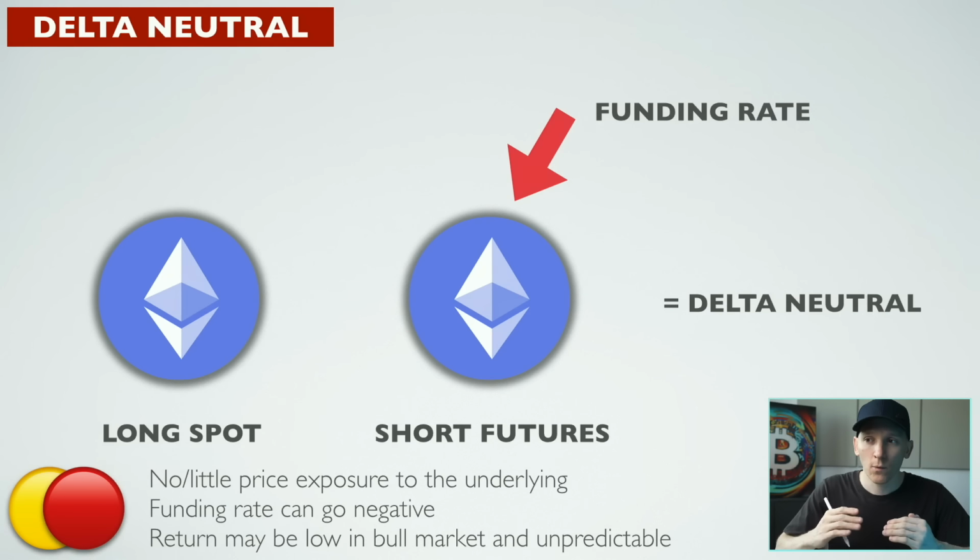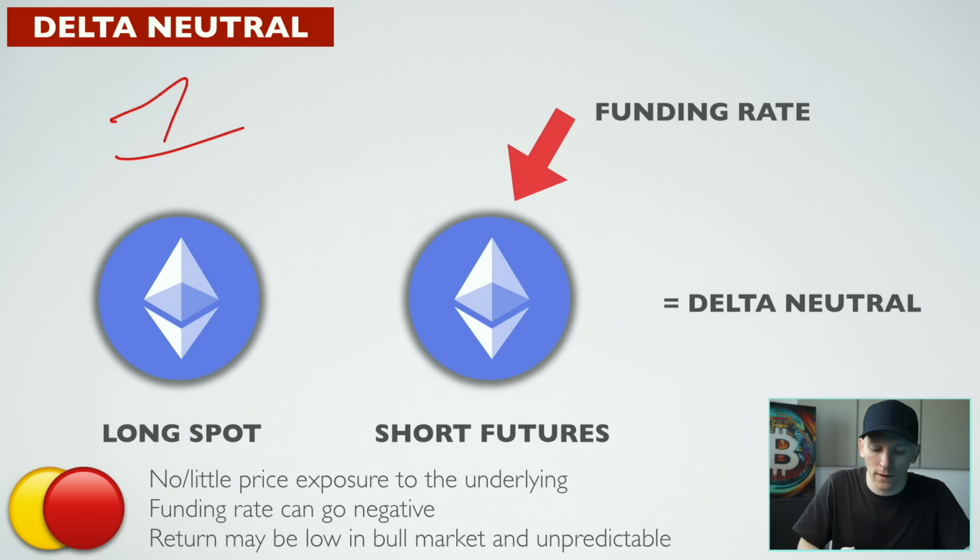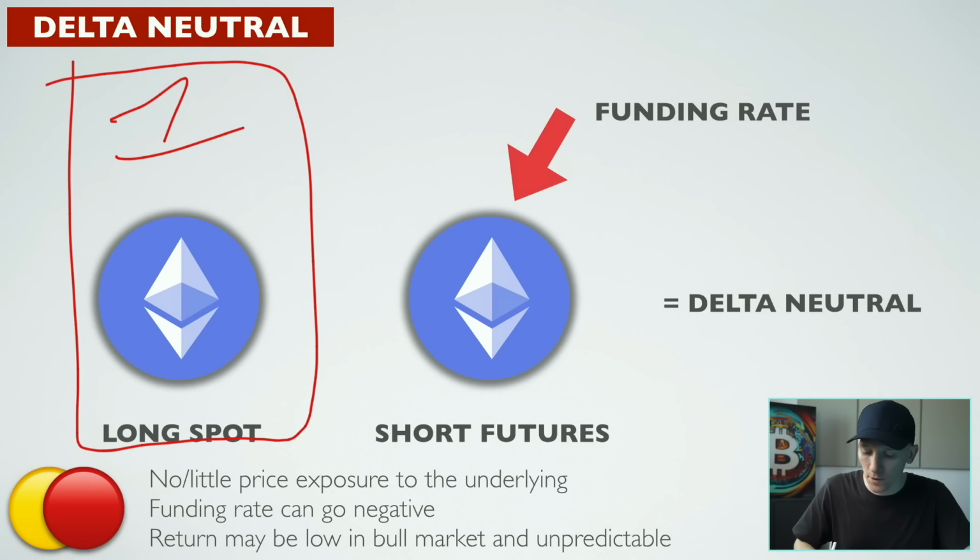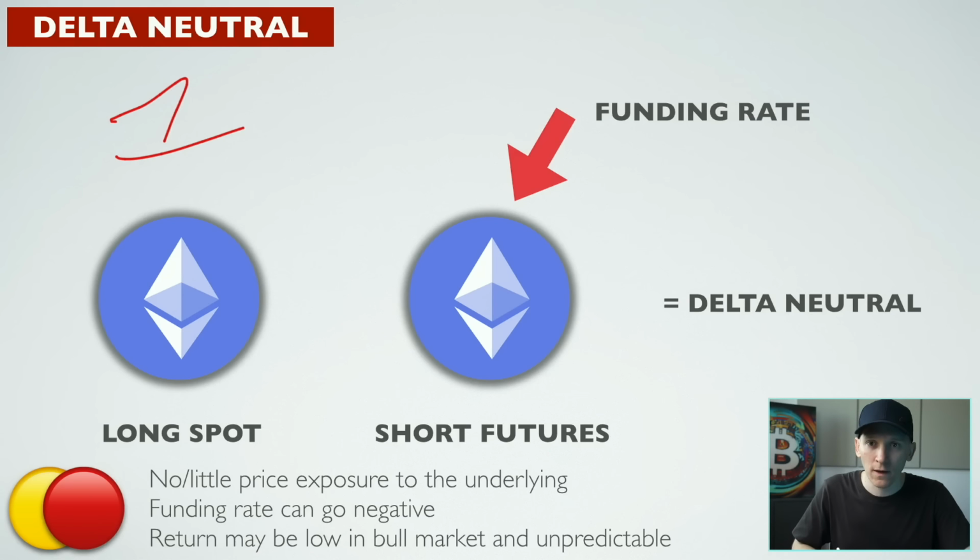How it should work is that we take a delta neutral trade, meaning that we take a long and a short of the same amount, so price movements either way cancel each other out. So let's say we go ahead and take a one ETH long position in the spot market. So we're now long 1 ETH. That's not delta neutral, we have price exposure. So what we need to do is go short in the futures market 1 ETH as well. And so we are long 1 and short 1.